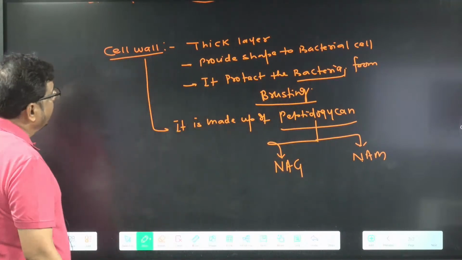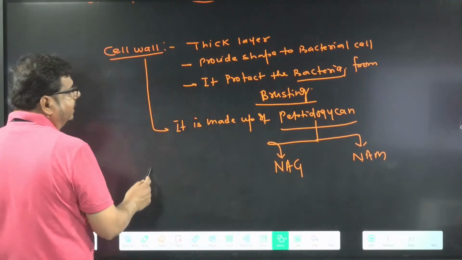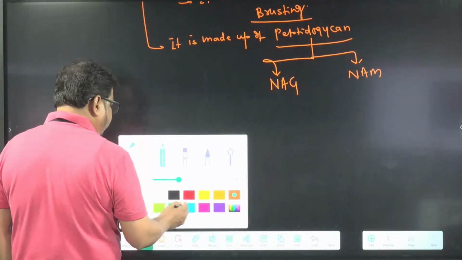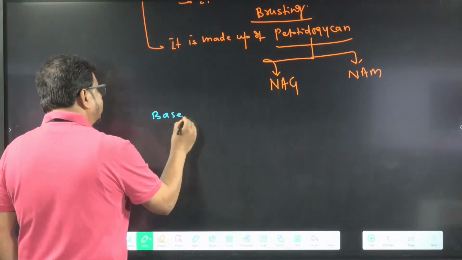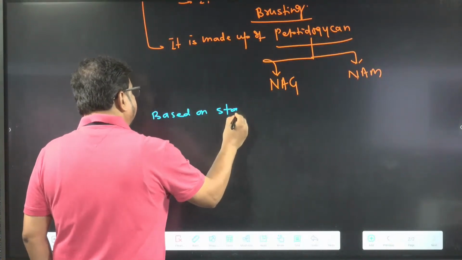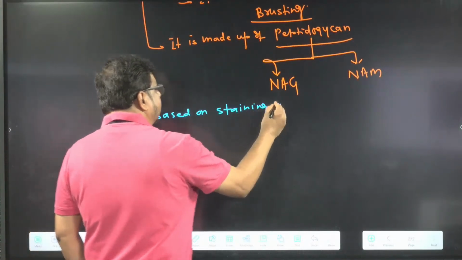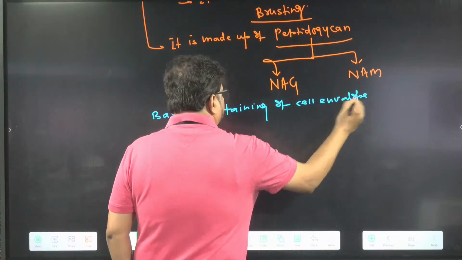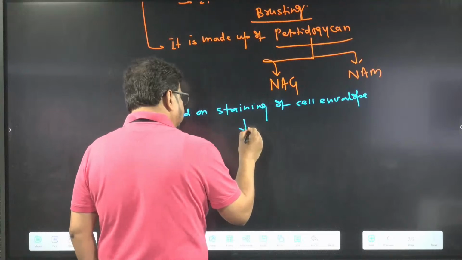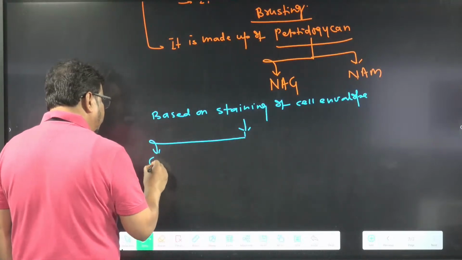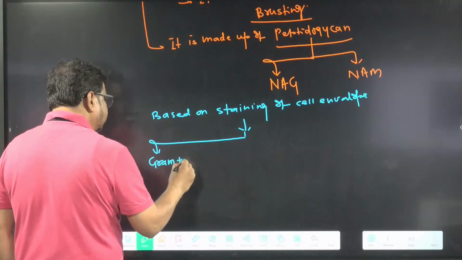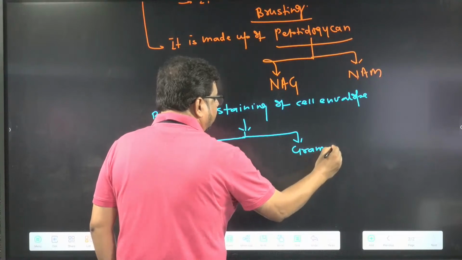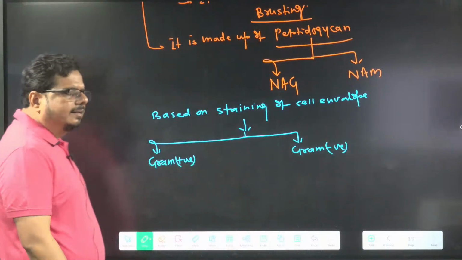Now, if you read NCERT, based on staining of the cell envelope, there are two types of bacteria. One is called gram-positive bacteria and another is gram-negative bacteria. Getting the idea or not?